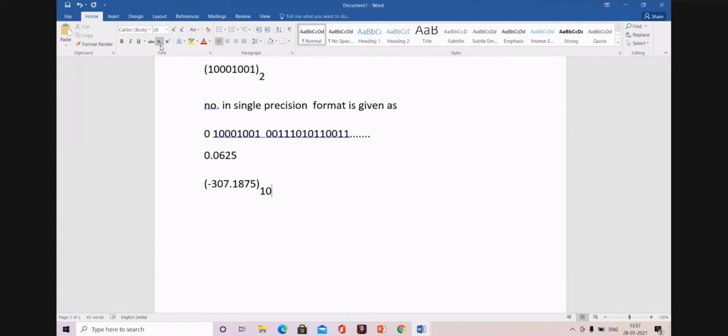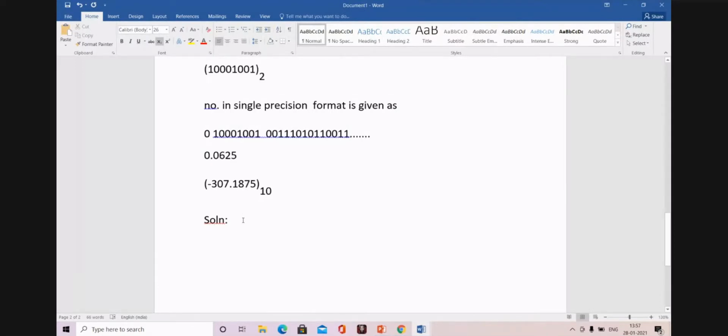In single precision format, the solution will be like this. You take 307 and convert it into binary, and the fraction 0.1875 too.